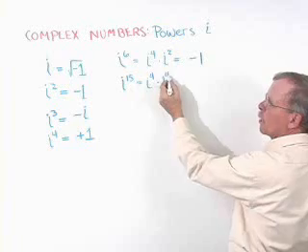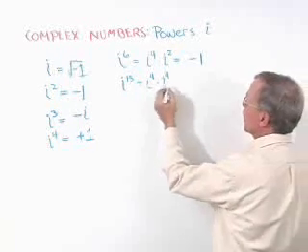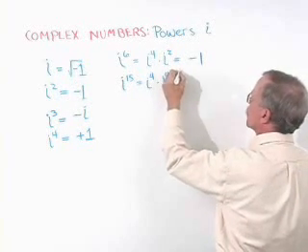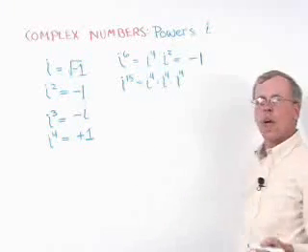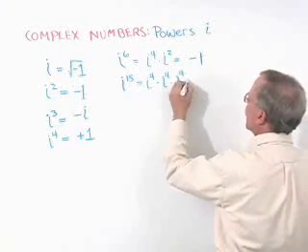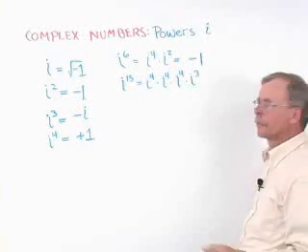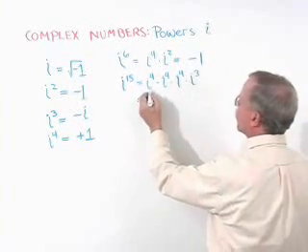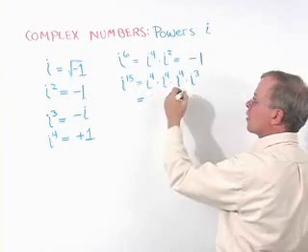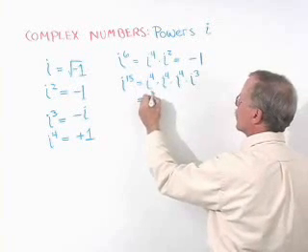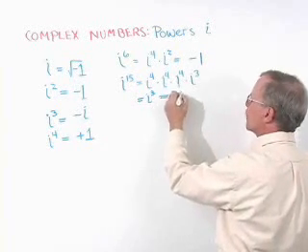Now we've got 4 plus 4, adding exponents is 8, and 4 more is 12, and 3 more makes 15. So we have 1 times 1 times 1 times i cubed, which is -i.